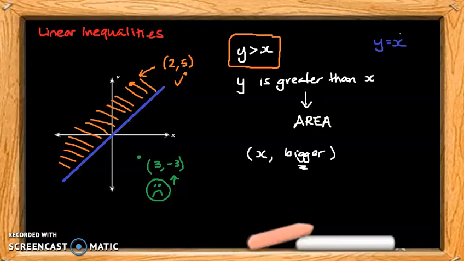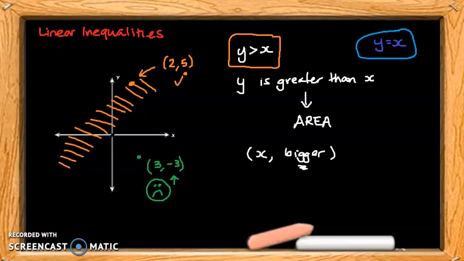The blue line here that we've explored is a boundary of the line. Now, here I have a sign that's saying y must be greater than x, which means the blue line actually isn't part of the rule, because the blue line isn't where y is greater than x. The blue line is where y equals x, which means the blue line's not included.